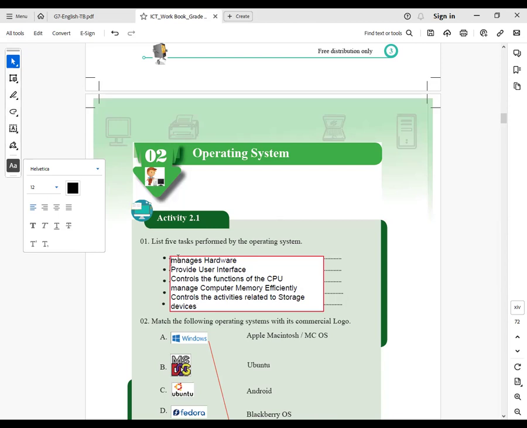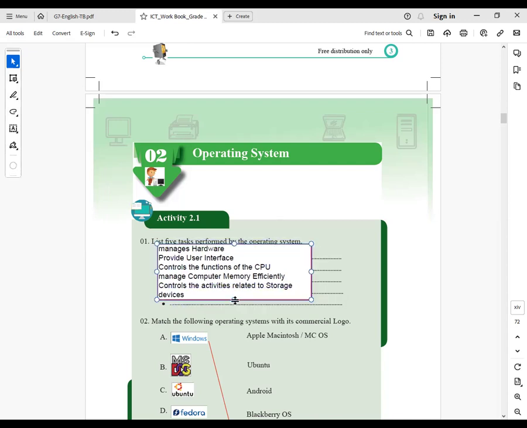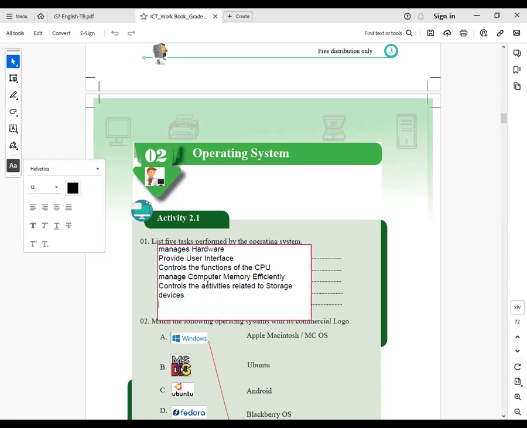Helps to protect the computer through usernames and passwords. Yes. Anything else?